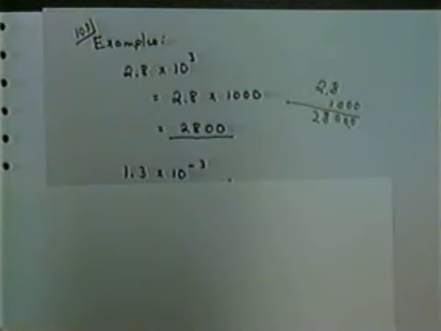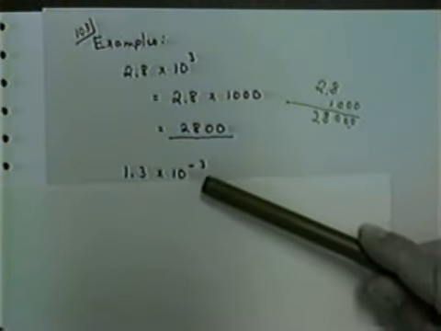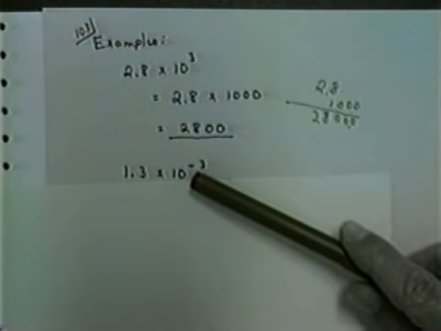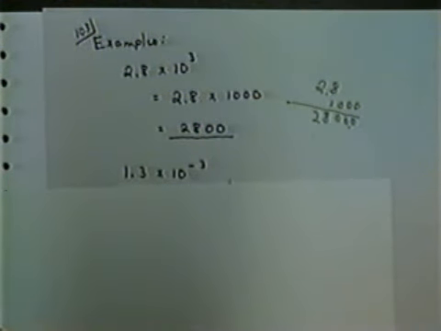Let's look at another example. Let's look at 1.3 times 10 to the negative 3. Now recall that a negative exponent tells you to take the reciprocal of the base. So I would get 1.3 times 1 over 10 cubed.